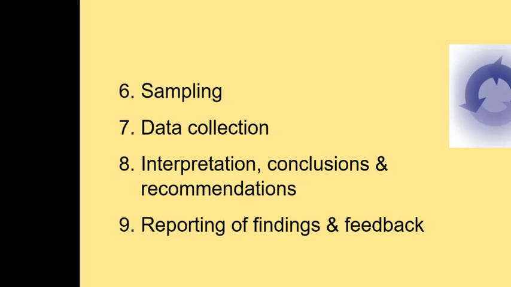I then give out my questionnaire, or I do my interviews, or I conduct an experiment, depending on the nature of the research. Then I collect my data, and I correlate my data, and I run my data through a statistical program, often SPSS, and then I make sense of it.